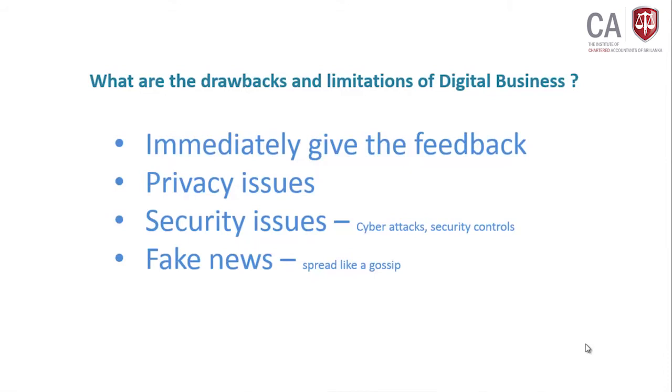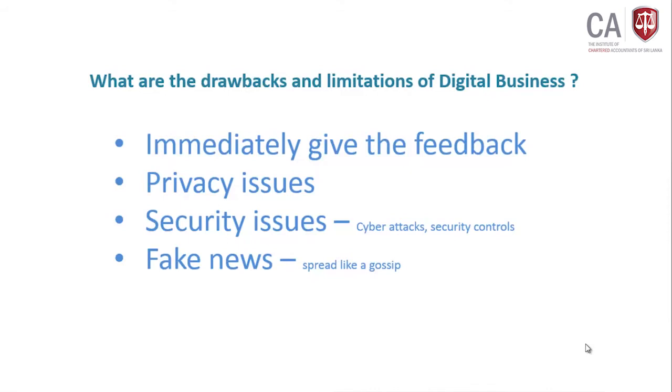So, there can be privacy issues, and also fake news, which can spread like gossip. In social media, if you are going to promote a product, you prepare the e-flyer and put it there, then what will happen? Some people will say wrong things about your product. So, that can spread everywhere.